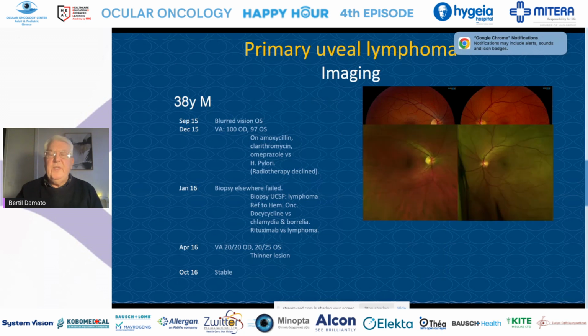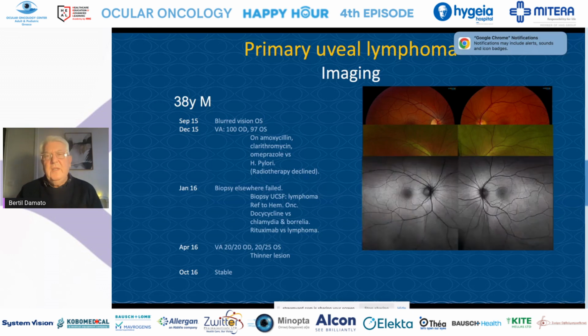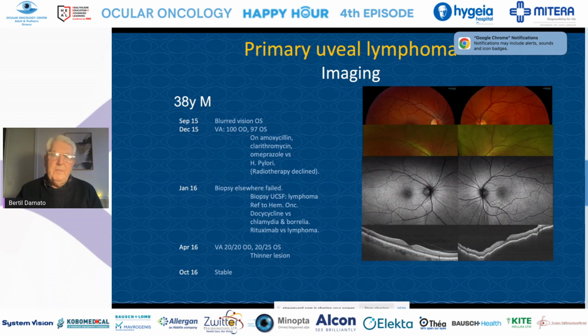On color photography, the disease is in the left eye, so there's a difference in the color. No significant difference on autofluorescence. On OCT, you can see the lumpy appearance of the tumor in the choroid, where all the choroidal vessels are obliterated or obscured by the lymphoma infiltrates.